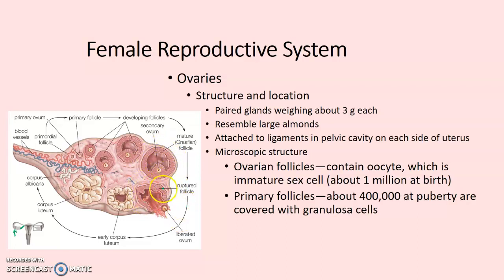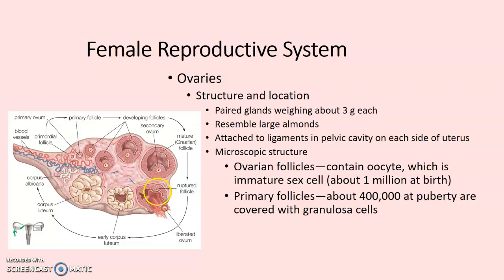What eventually happens during the luteal cycle is the Graafian follicle ruptures, releasing the ovum into the external environment where it can enter the fallopian tubes by passing into the fallopian tubes through the fimbriae there.